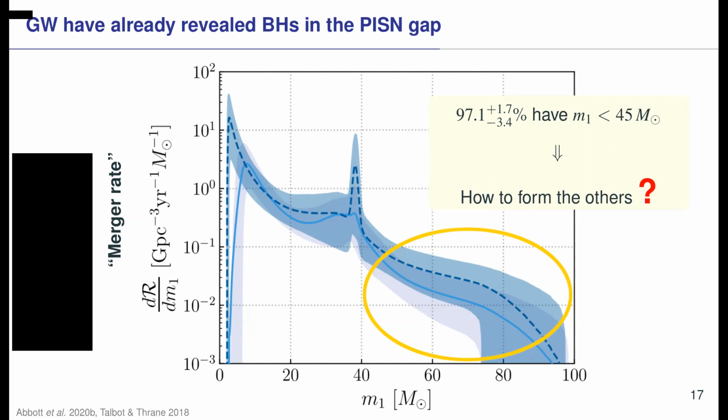In terms of using detections of pulsational pair instability supernovae to constrain chemically homogeneous evolution, I would be worried because these are two special things that don't necessarily go together. They could, of course, because through chemically homogeneous evolution, you can make bigger cores and reach the pair instability regime.